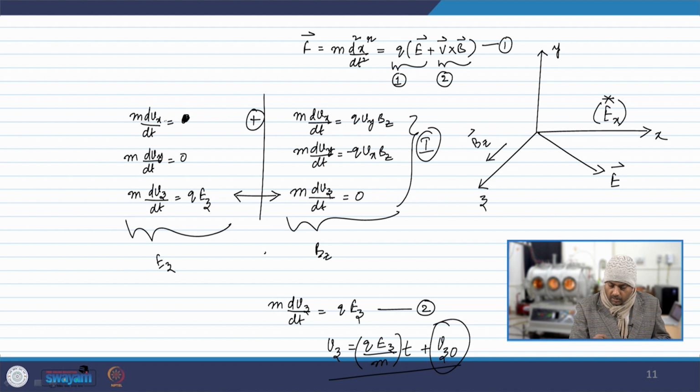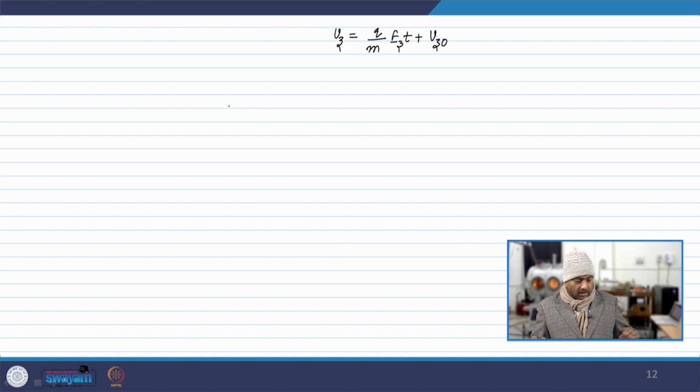So, this will be q times Ex, right. Now, the equations cannot be just combined like that.